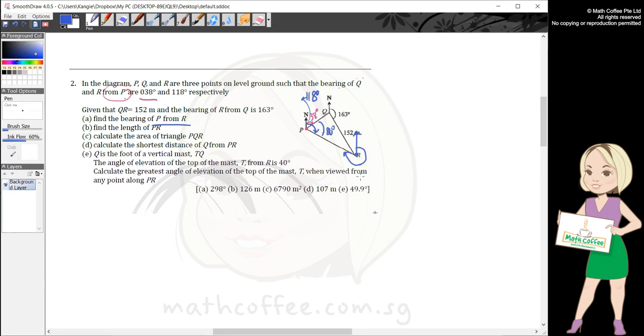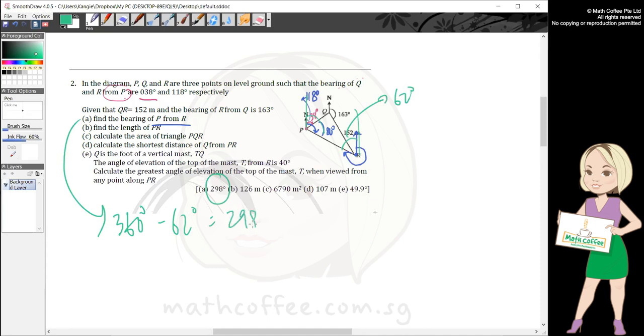So this is the angle they asked me to find. So how do I find this? Actually, this one is pretty straightforward. If you notice, this one is North and North, and I have this one 118, the interior angle. So simply take 180 minus 118. So this angle over here is 62 degrees. Then to find this bearing, I simply take 360 degrees minus 62. And I get 298.